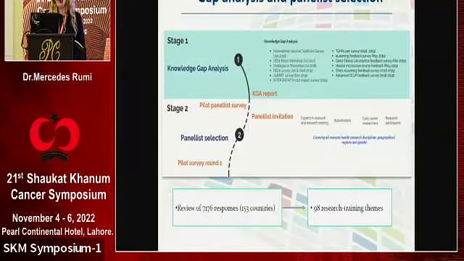The panelists had to cover all health research disciplines, all geographical regions, and genders as well. And it had to be people that had been in research for more than 10 years. So the panelists included stakeholders, research experts, advisory committees, researchers that write journals, policymakers, and research participants as well.